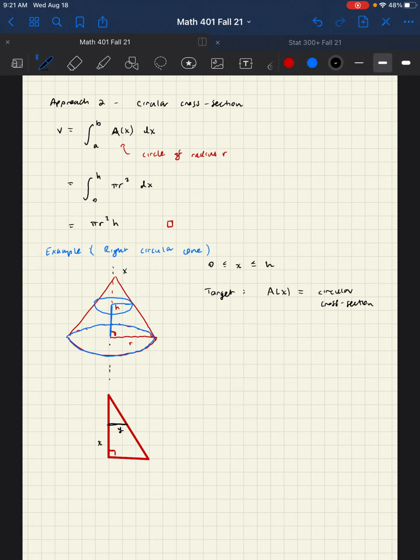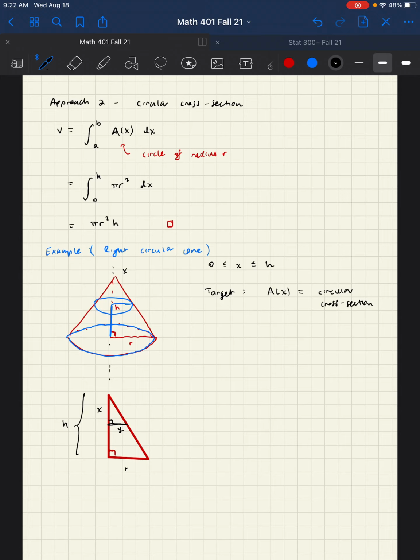Let me write down, x is this right here, or we can say x is this smaller length. Notice we get two similar triangles, one inside the other. This is r, and the whole thing is h.